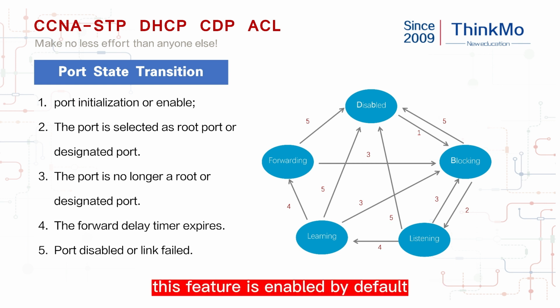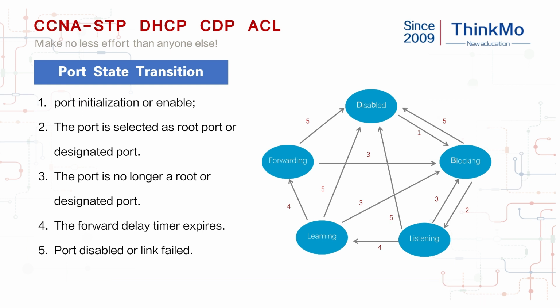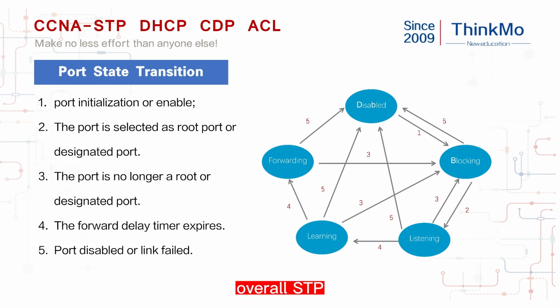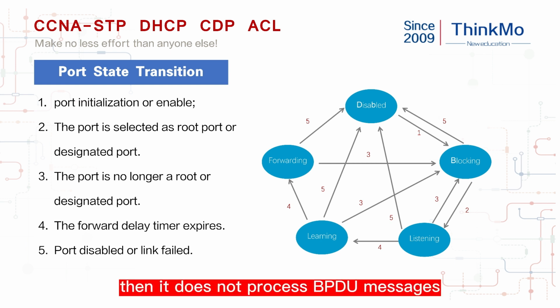This feature is enabled by default. That is to say, if you turned off this function in the interface, then this port does not participate in the calculation of the overall STP. Then it is disabled. Or the port itself is down. Not turned on, then it does not process BPDU messages.